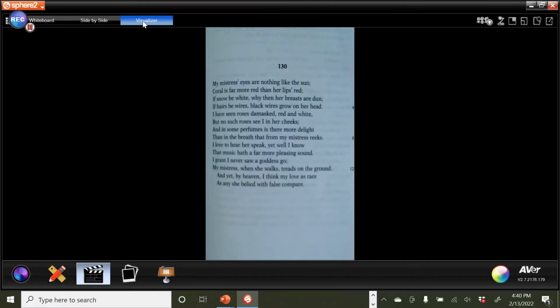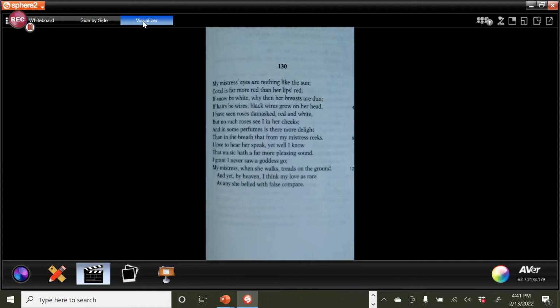My mistress' eyes are nothing like the sun. Coral is far more red than her lips' red. If snow be white, why then her breasts are dun. If hair be wires, black wires grow on her head. I have seen roses damasked, red and white, but no such roses see I in her cheeks. And in some perfumes is there more delight than in the breath that from my mistress reeks.